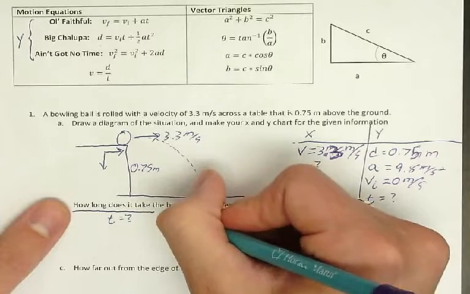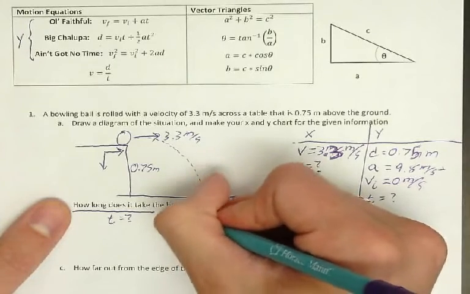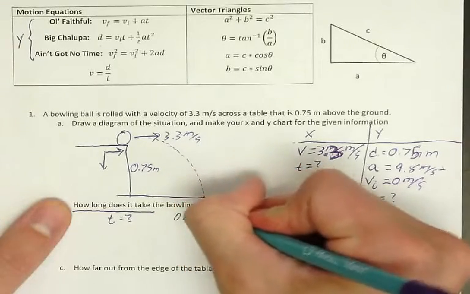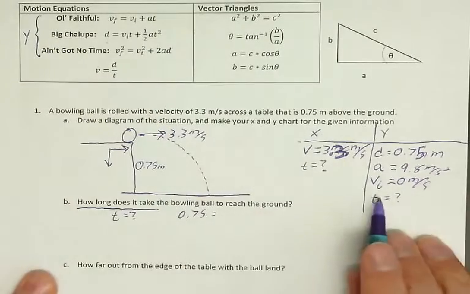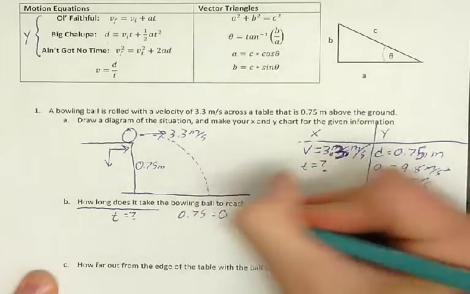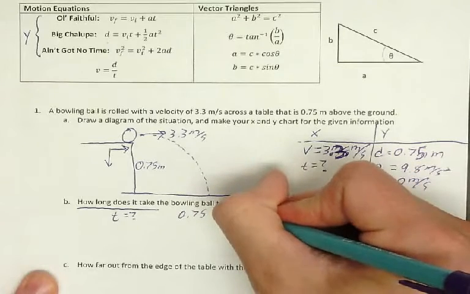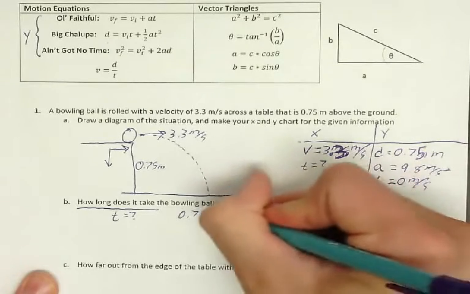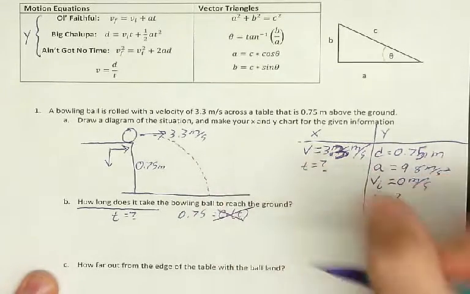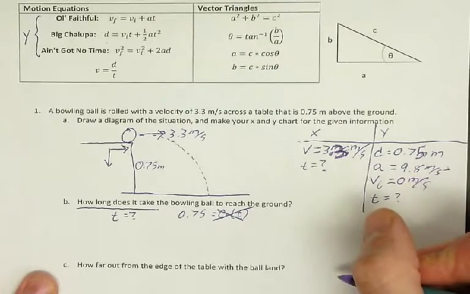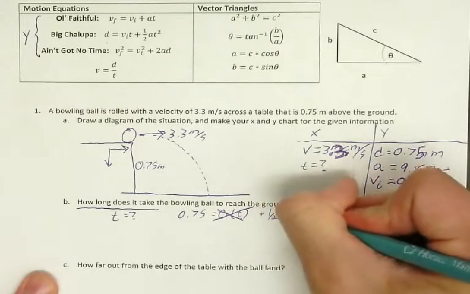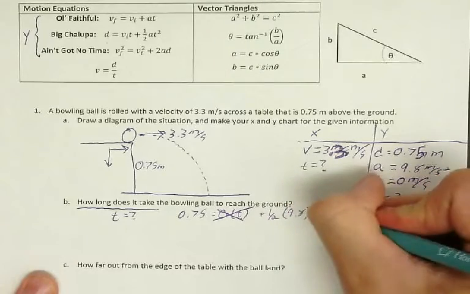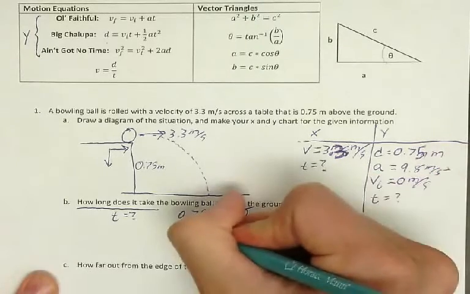D equals V-I. Now, I need the Y initial. I'm using Y stuff, so that's 0. V-I-T is 0 times T, and 0 times anything is 0, plus 1/2 times A times T squared.